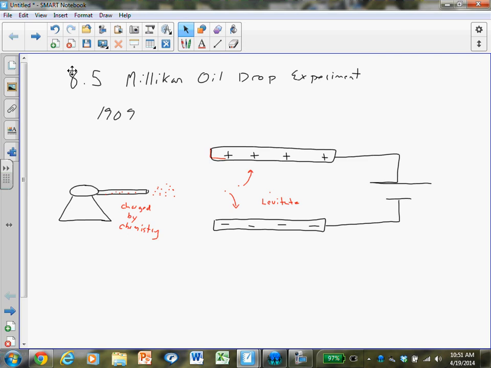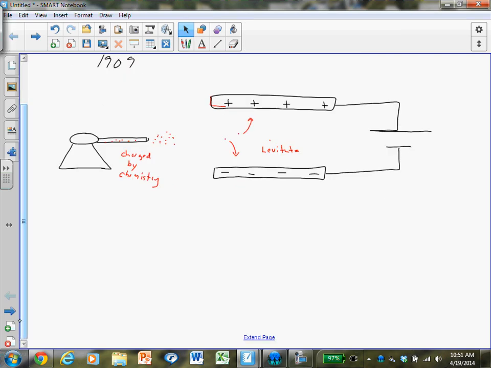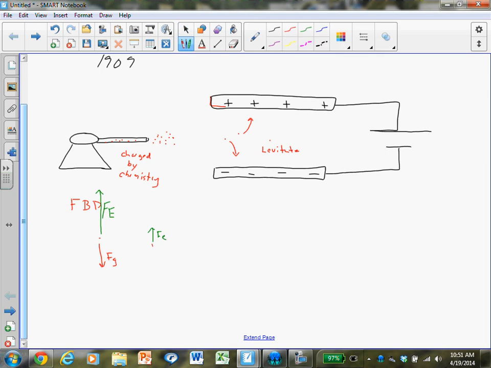So in some sense, some droplets on their free body diagrams, some had an electrical force that was too big, and some had an electrical force that was too small compared to Fg.